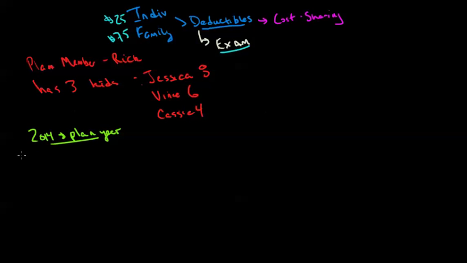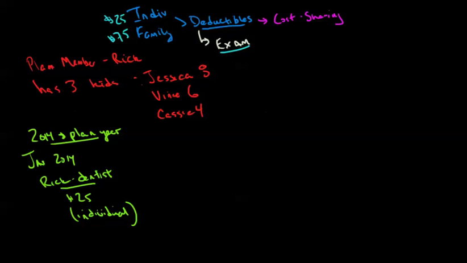And in January of 2014, Rick goes to the dentist. And Rick is going to end up using a $25 deductible. Rick is an individual. And then, later in that same year, we're going to send Jessica to the dentist. So let's say March of 2014.